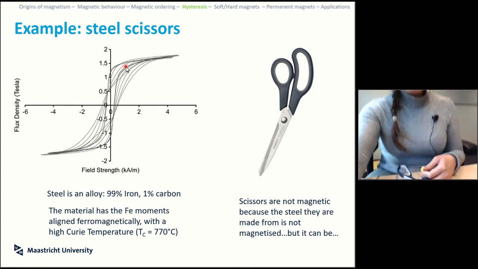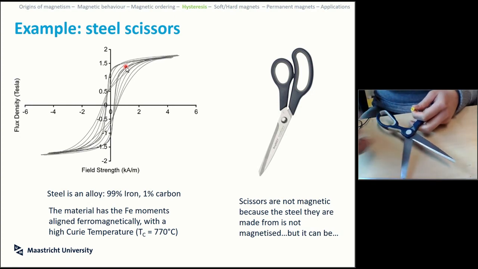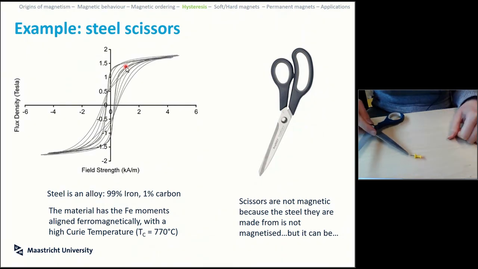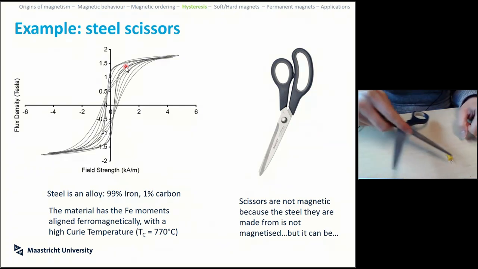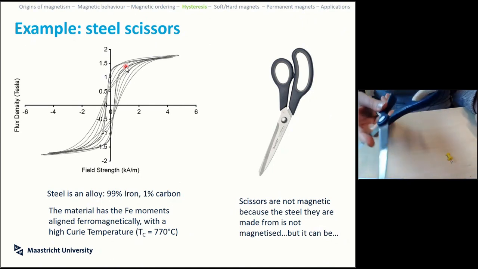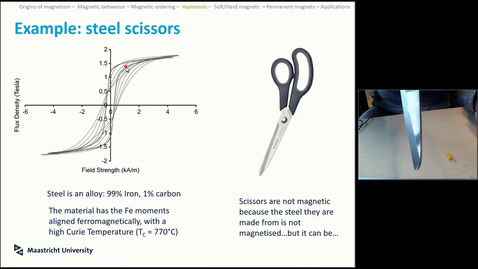But if your material is simply a ferromagnet but is not magnetized, you can see that it doesn't matter. I can shake it, but I cannot attract it. I'm not attracting my pin. So this steel, which is ferromagnetic in its nature, is not magnetized.